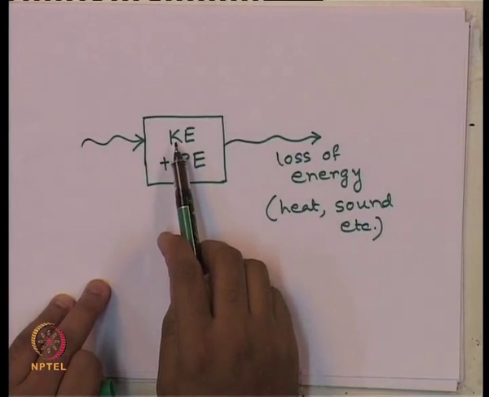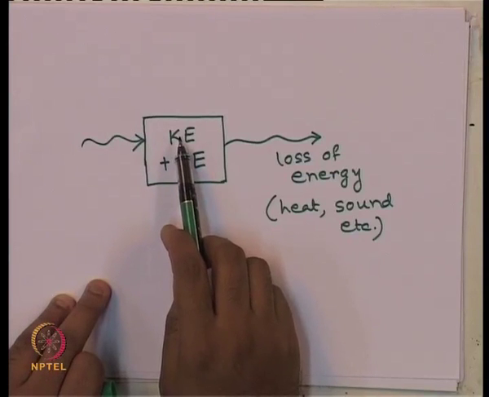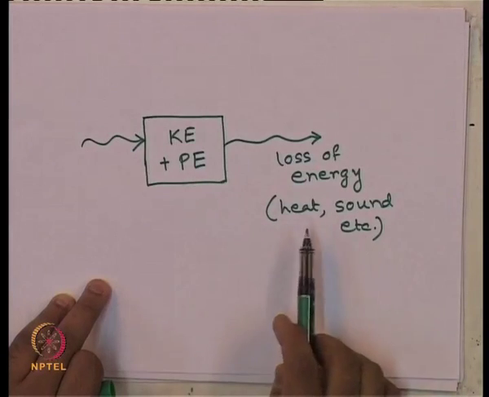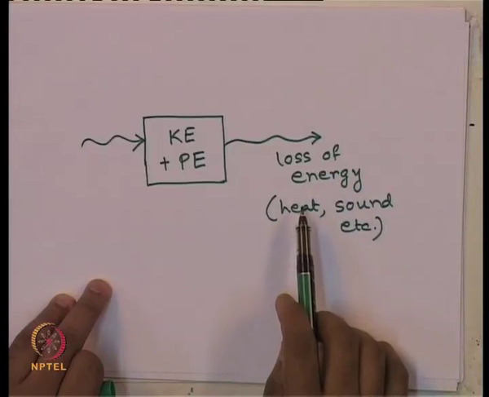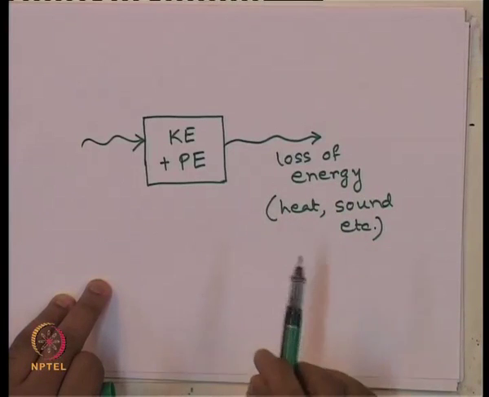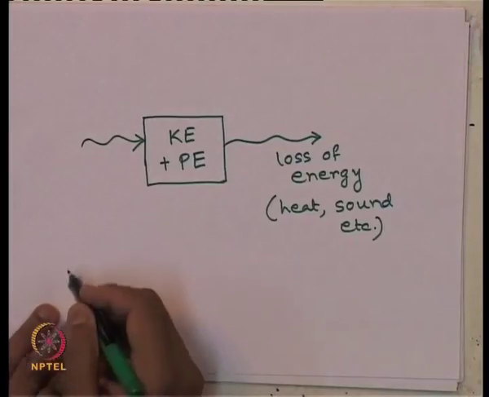This can be represented by the acceleration and inertia part, this by the displacement and stiffness part, and this by the dissipation, damping part. So, these are the three basic components of vibration.